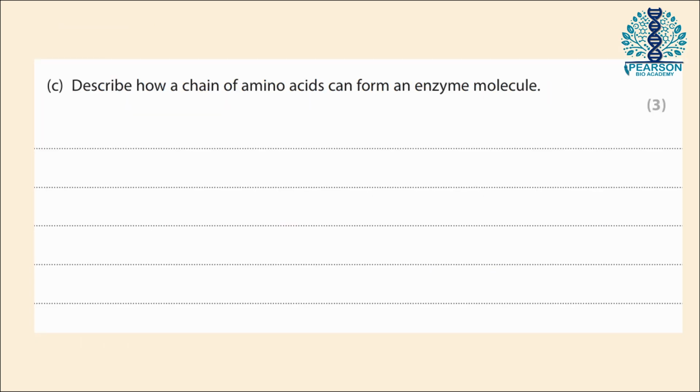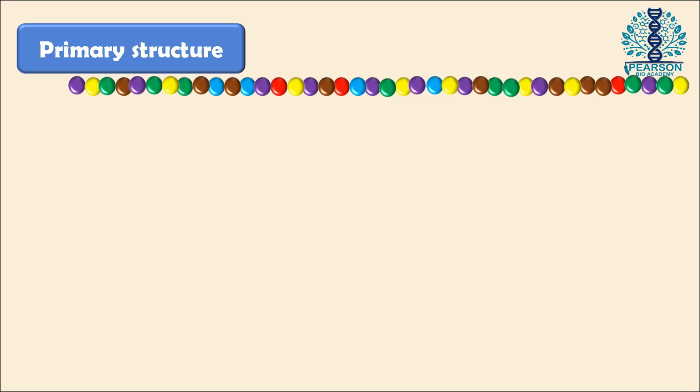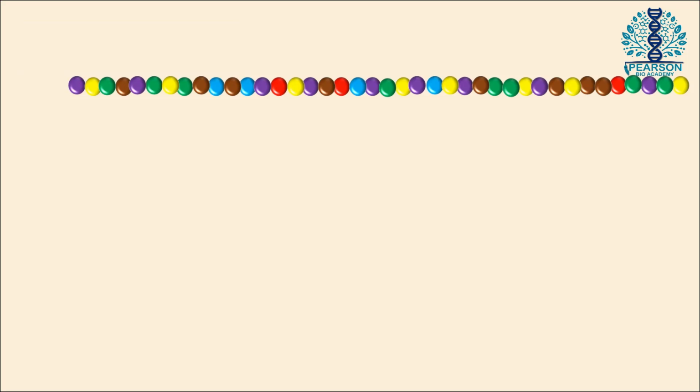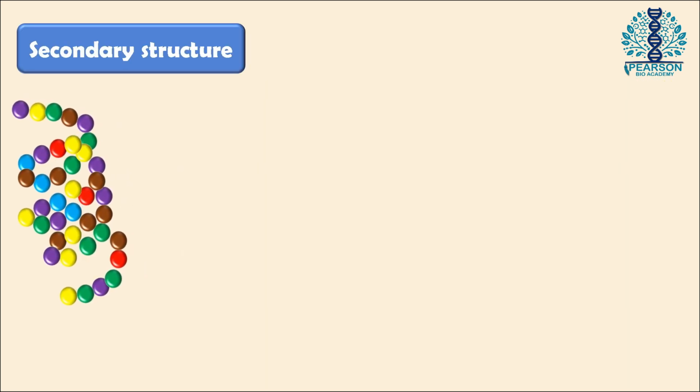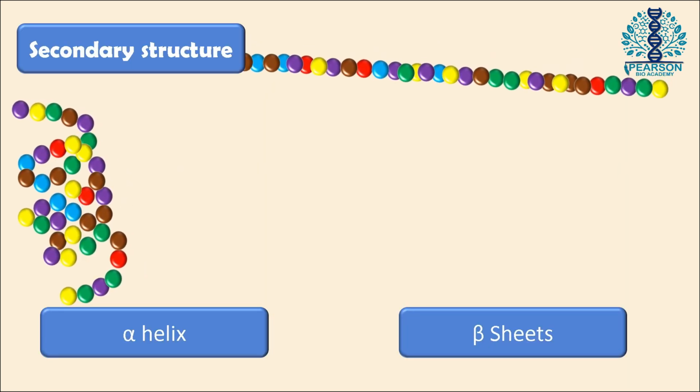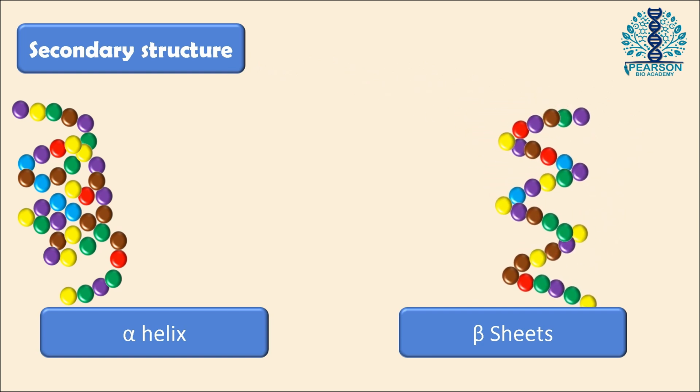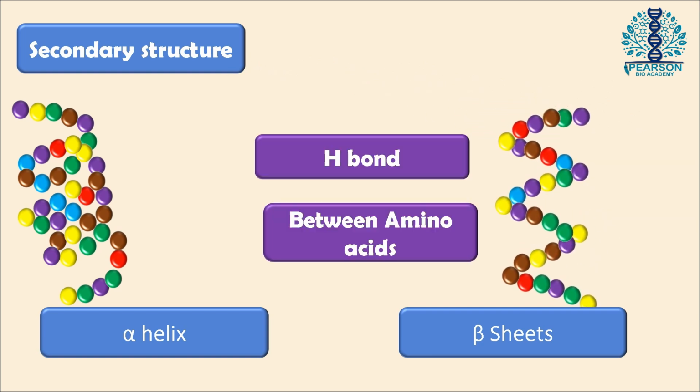Let's quickly analyze this question. Describe how a chain of amino acids forms an enzyme molecule. First, the amino acid chain represents the primary structure, and this converts into the secondary structure, which can be an alpha helix or beta sheet, stabilized by hydrogen bonds between amino acids.